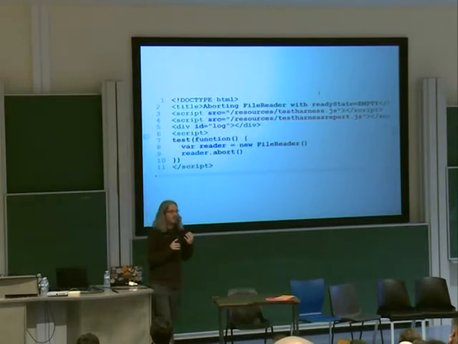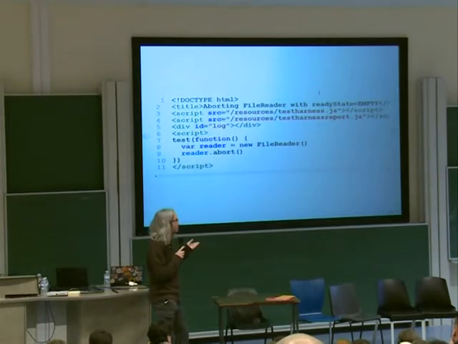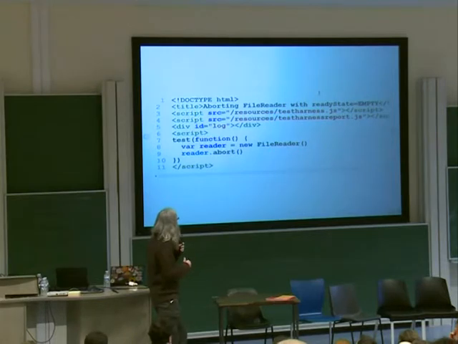Okay, and then the last step, or almost the last step, is to turn the code into an actual test. It turns out testharness.js provides this function test, which itself takes a function, and if the function that you call it with runs without throwing any errors, then the test passes, and if it throws an error, then the test fails. So in this case, that turns out to be exactly what we want.